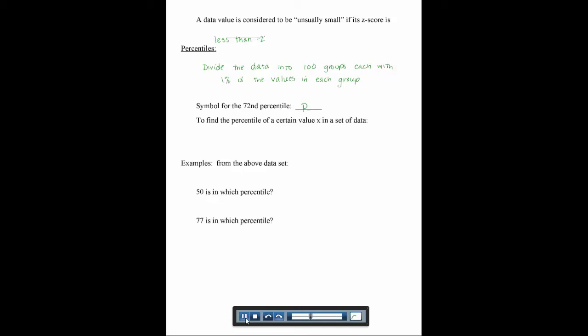Okay, so to find the percentile of a certain value, so this would be the percentile of x, you're going to count the number of values strictly less than x, so if they're equal, you don't count them, divided by the total number of values.